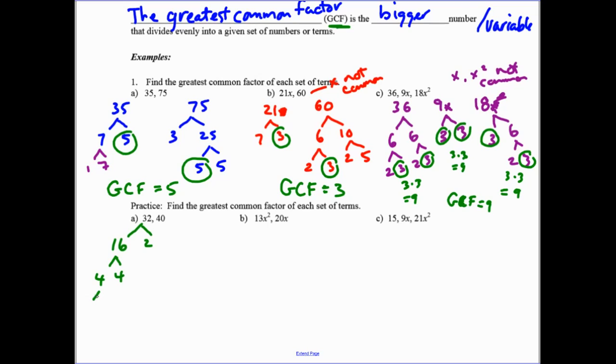And then we can go even further. 2 and 2. 2 and 2. All right. I'll show you how that works then. Okay, now 40 goes 4 and 10. That's the easiest way. And then 2 and 2. And then if we go further, we have 2 and 5.